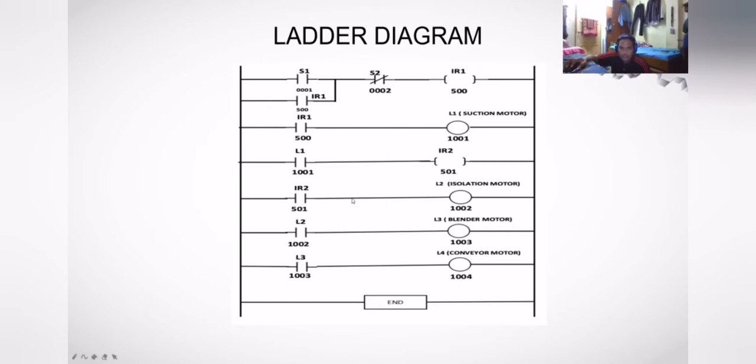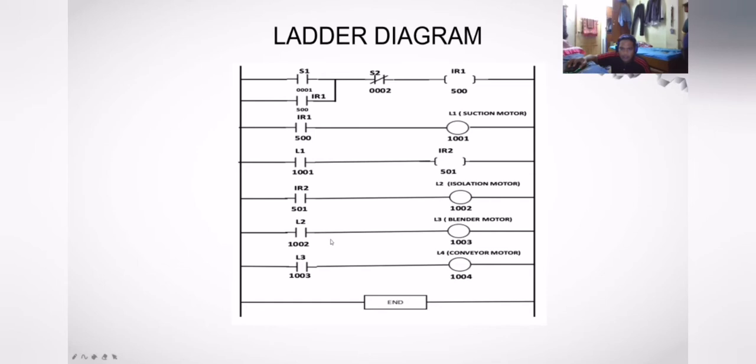The IR2 will detect the plastic bottle, only the plastic bottle. That's why we put the isolation motor. When it detects an object different from the bottle, it will isolate the object and only give access to the bottle to go into the blender motor.